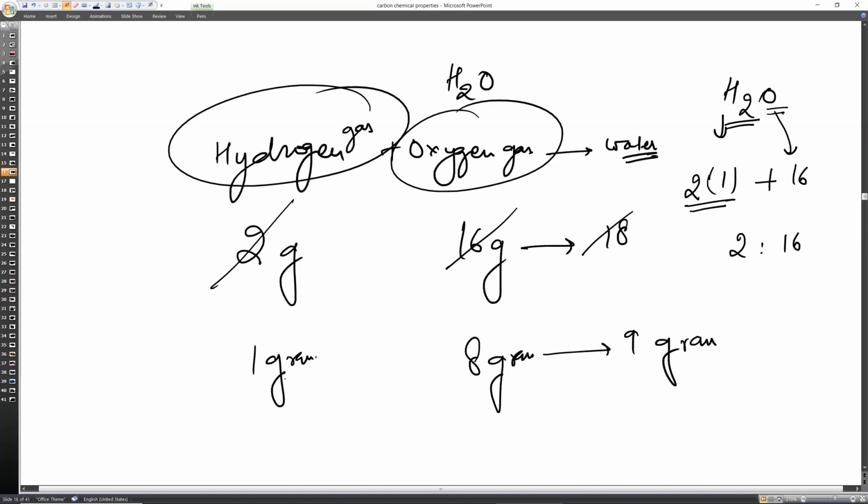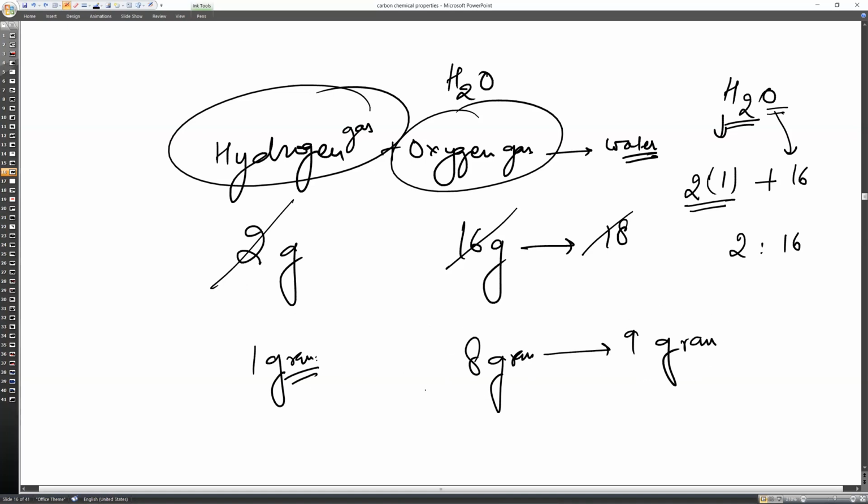Got it? Yes, sir. So this type of question may be asked in the examination. That when 1 gram of this is reacting with 8 grams of this, this is going to form water.